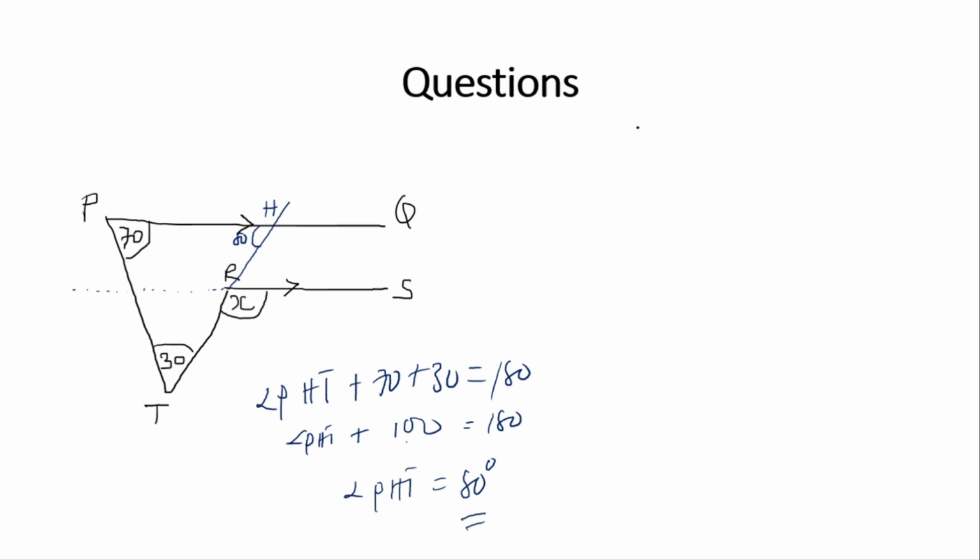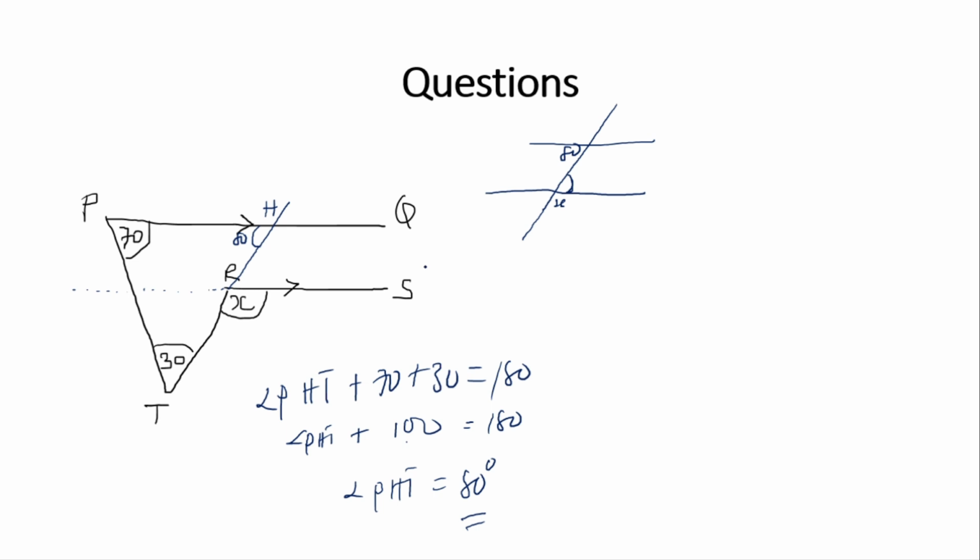Now, this is what is happening. We have something like this, and we have 80 here, and we have x here. Now we learned that this 80 here alternates with the angle that is formed here, right? Hope you are getting it.